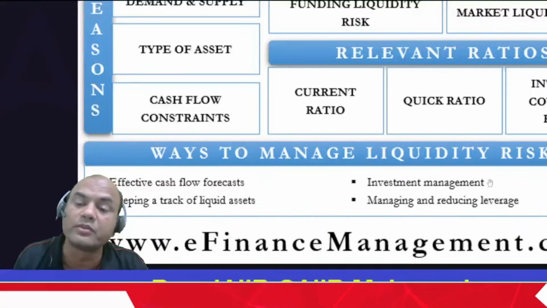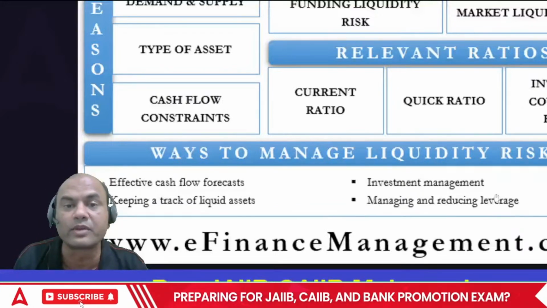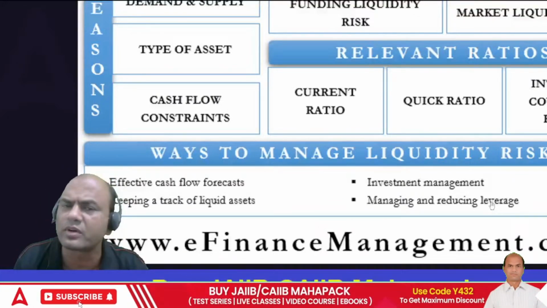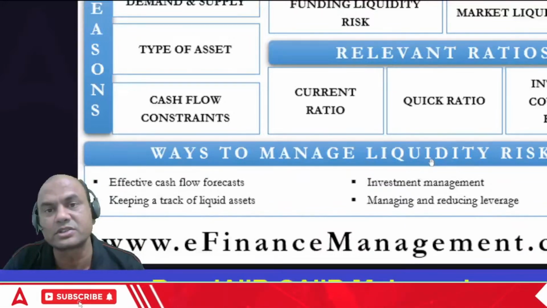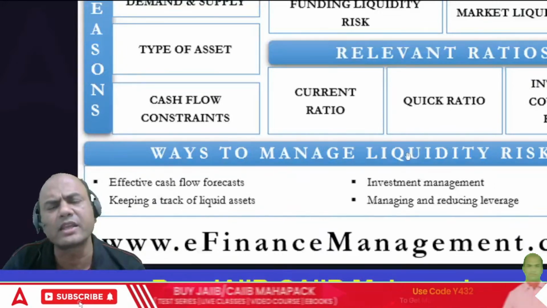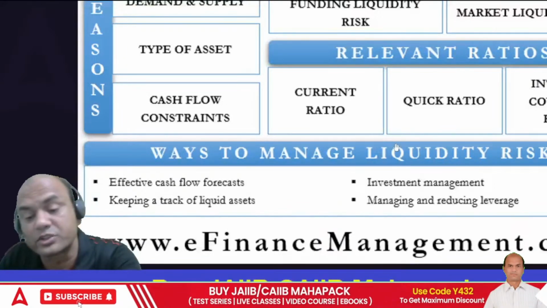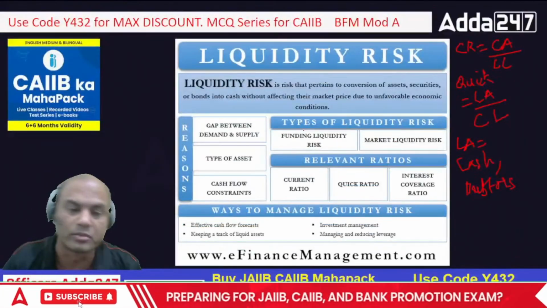Managing and reducing leverage, because too much leverage is a huge risk. Leverage means if I buy some stock and then I get a loan on that. Leverage means taking loans on all the assets. So that should always be reduced, avoided. Got it? Chalo, move on.